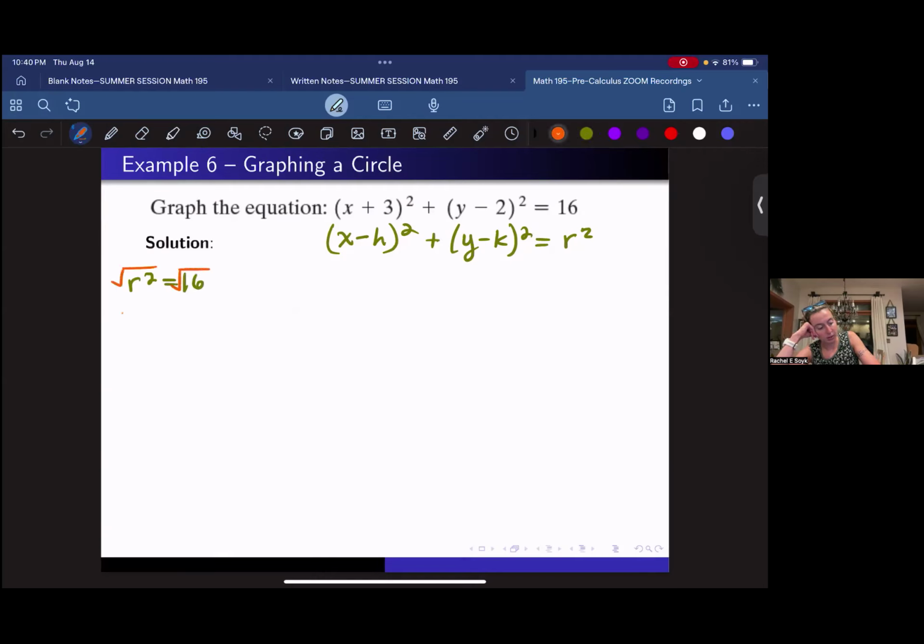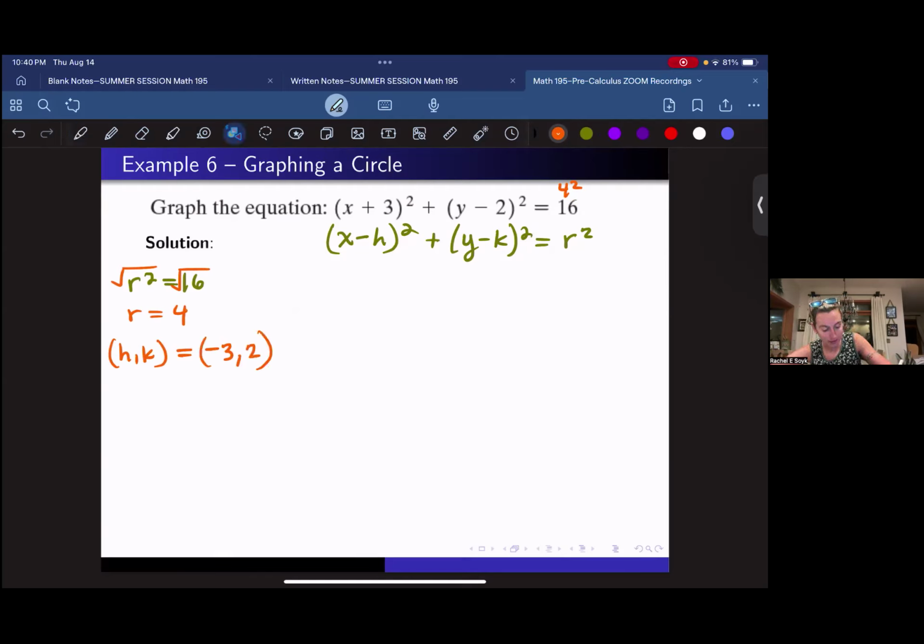And so our r is 4. We can write that as 4 in parentheses squared to really see, or just 4 squared, that 4 is our radius. And then our center point, our h comma k, is equal to -3 comma 2.